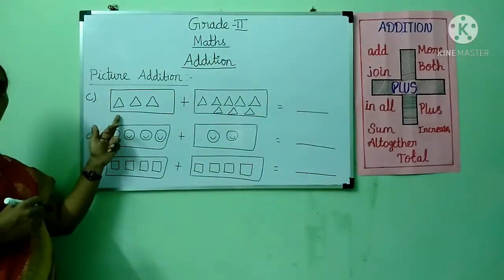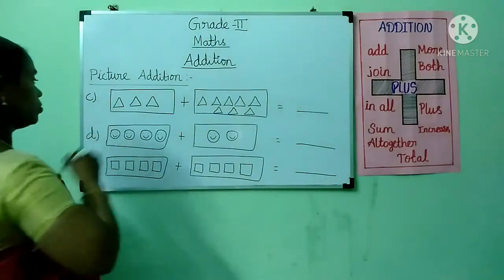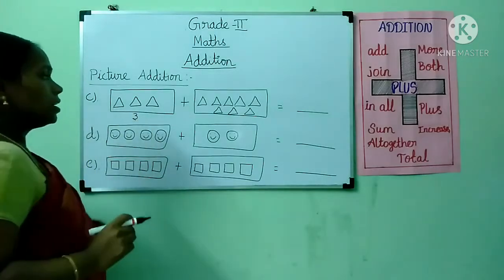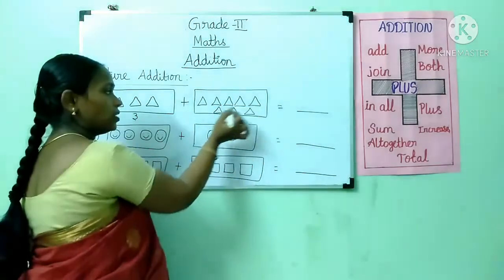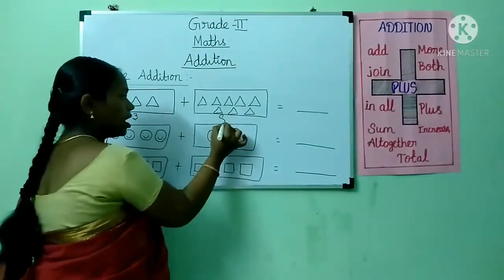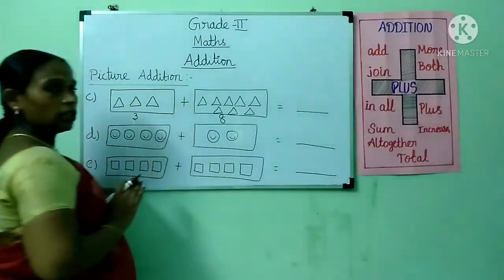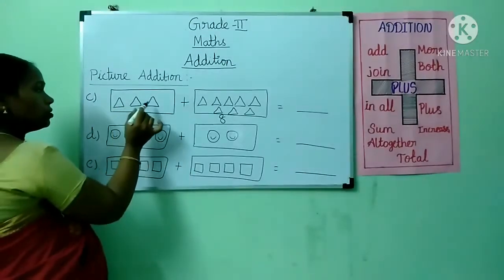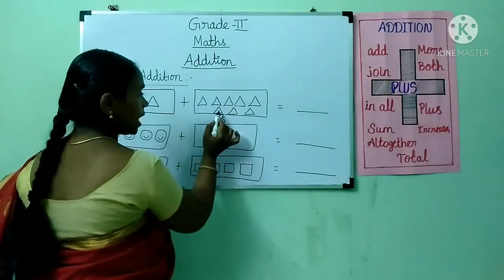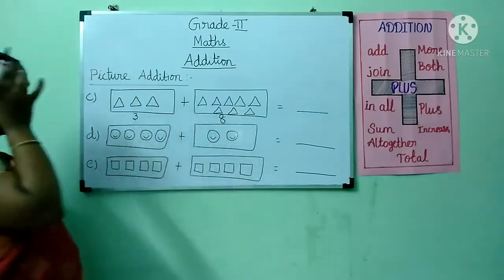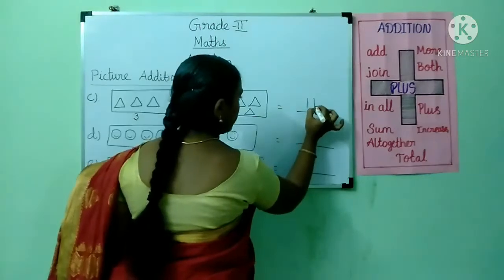How many triangles in the first box? Yes, 3 triangles. 1, 2, 3. Next, second box has 1, 2, 3, 4, 5, 6, 7, 8. 8 triangles. How many both of them? You count and say 1, 2, 3, 4, 5, 6, 7, 8, 9, 10, 11. The total is 11 triangles. So write here 11.